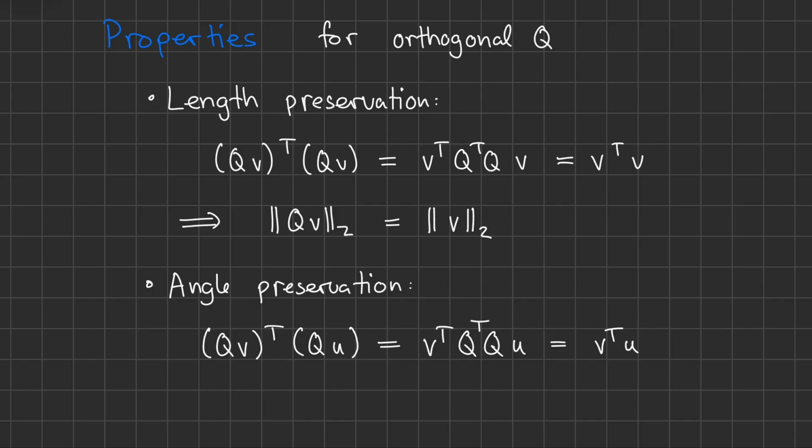Now, from the orthogonality of our matrix, in this case we're calling our matrix Q, we get 2 further properties: the preservation of length and the preservation of angles.